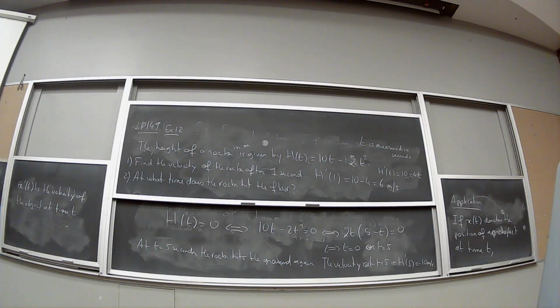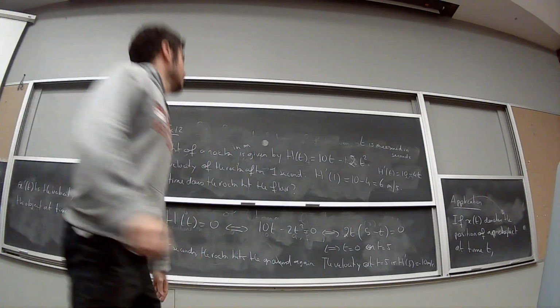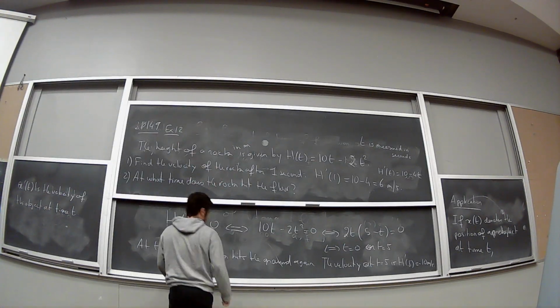The sign is in what direction you're going, okay? So it makes sense that the velocity is negative. Why? Because you're throwing it, and then it's coming back, okay? Yep. Okay, great. Awesome. Done with this.